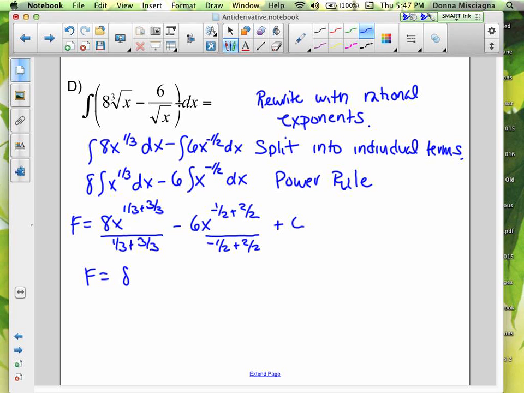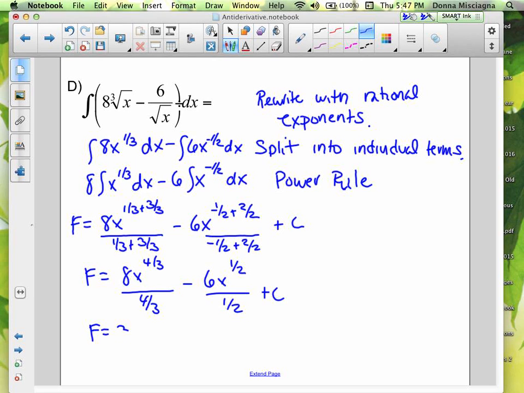So that would be 8x to the 4/3 divided by 4/3 minus 6x to the 1/2 divided by 1/2. And we know that dividing by a fraction is the same as multiplying by the reciprocal.